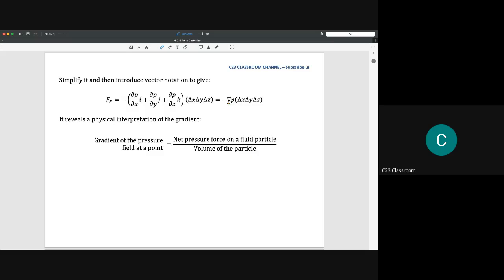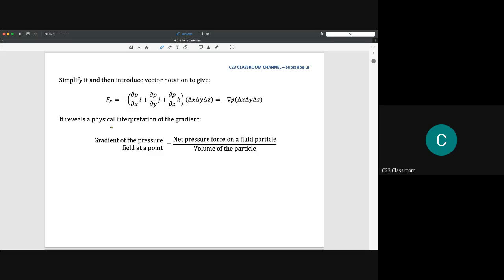So nabla here is the symbol for d dx, d dy, and d dz. If you have nabla p, it means you have del p del x plus del p del y plus del p del z. So this is just a concise symbol for a very long formula.